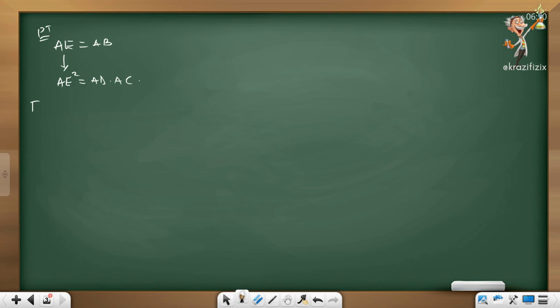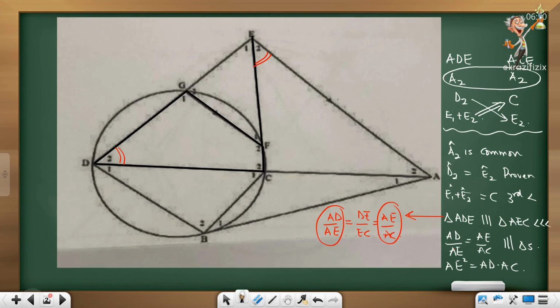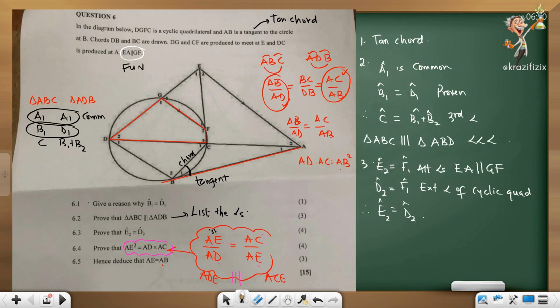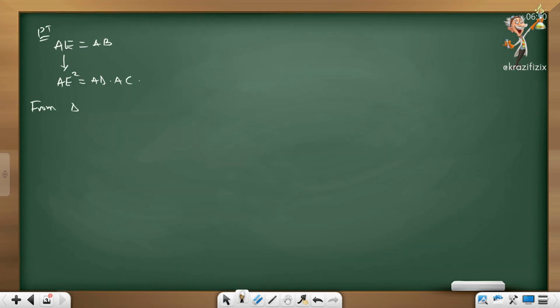Now we would go back to the earlier question, what was it? 6.2, ABC and ADB. We said that AB, are we looking for AD and AC, right?